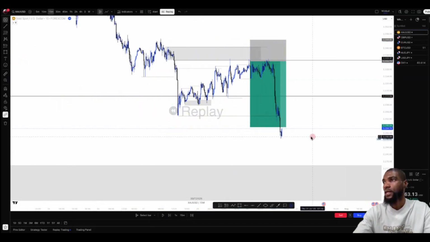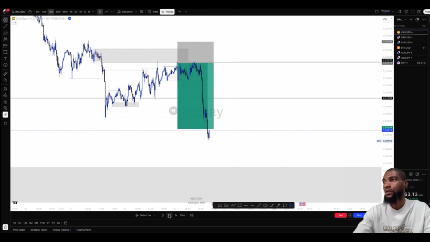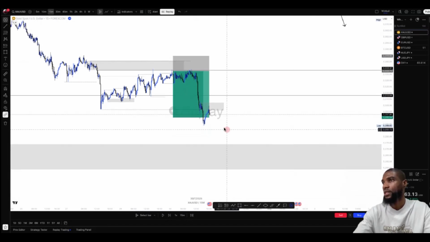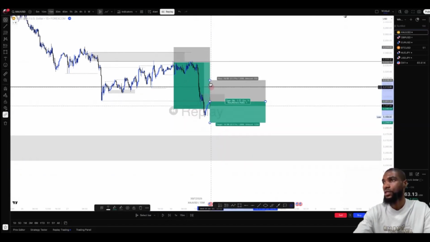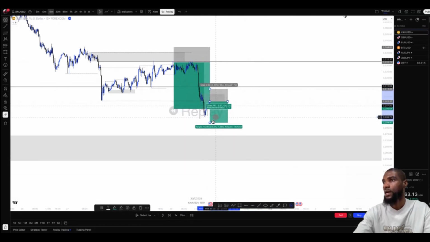So the next trade I took was I waited for price to return. You can see the aggressive move to this downside. I marked this level, so there was no need for me to wait for any inducement again or any sort of stuff. I know that price is going down, so I took entry here and I target this low.